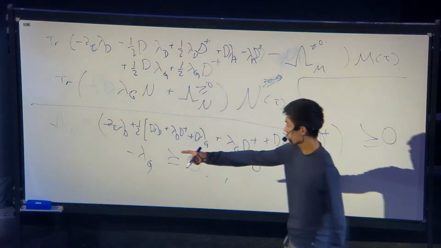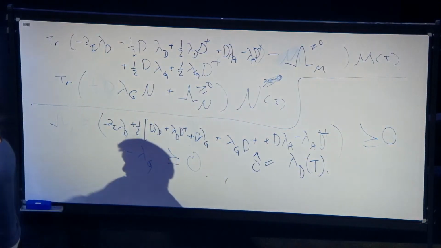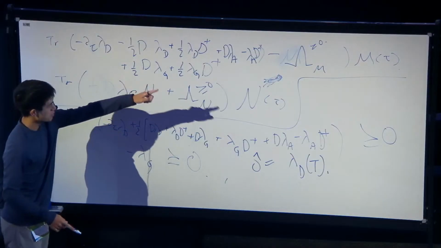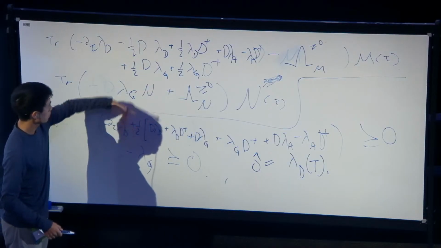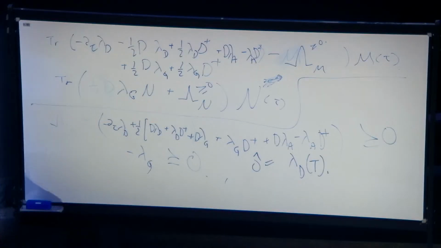And finally, we have one more term that's left over, right? So in this action, the variation with respect to m and n enforces these equations. Plugging it back into the action, we get 0. The only term that survives is one other term that we got from integration by parts, which was this thing.